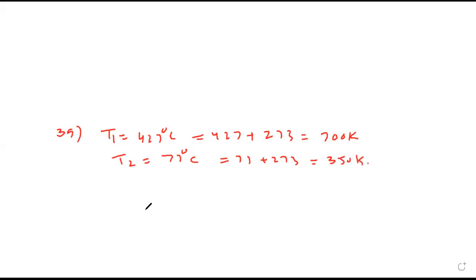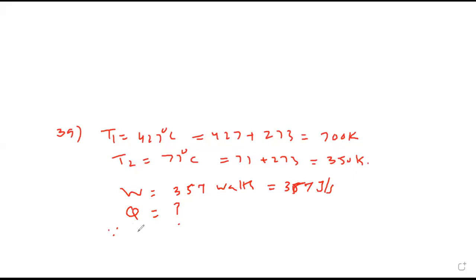To produce useful work of 357 watt, which is actually joule per second here, how much heat is absorbed by it? The answer is in calories per second. This is joule per second.